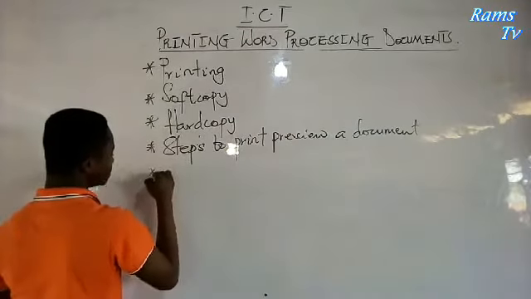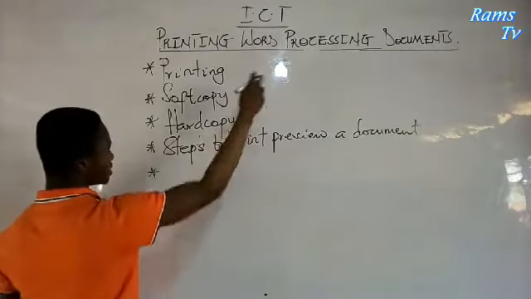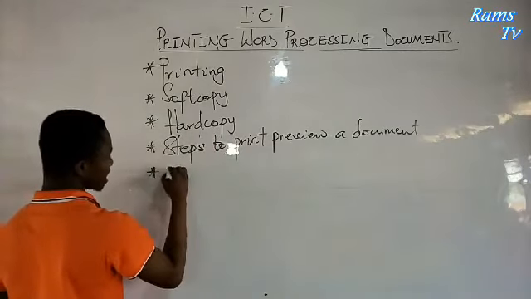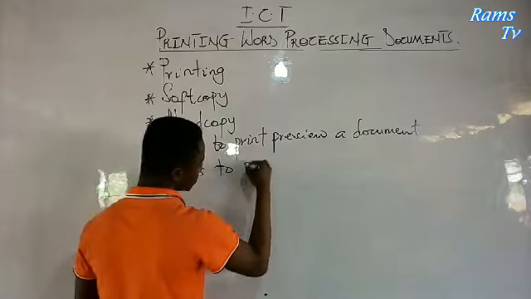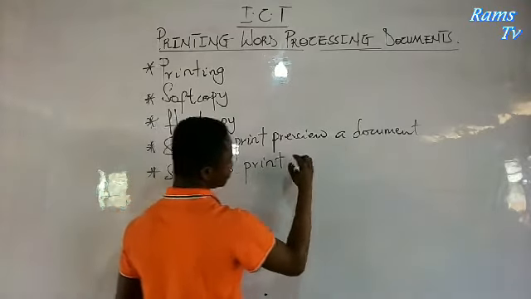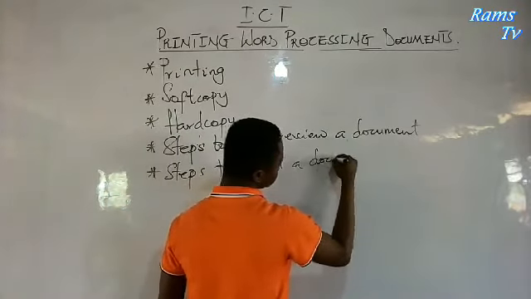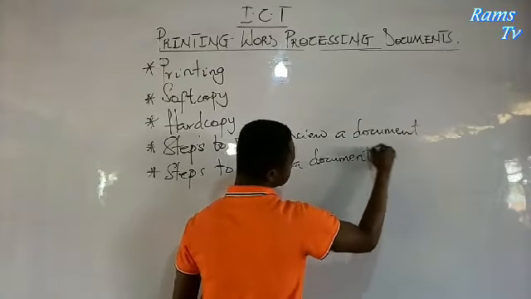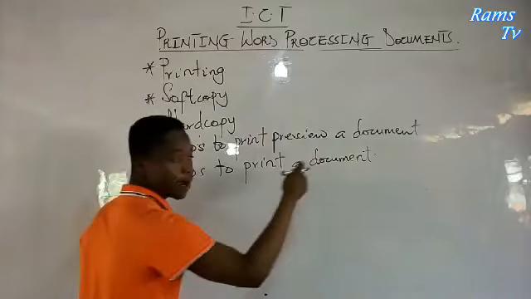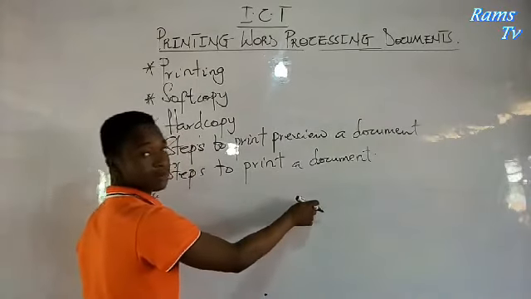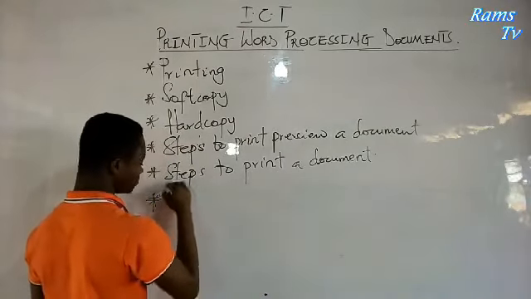And since we are treating printing word processing documents, we should also know the steps to print a document. And also, you should know the other printing option provided under word processing 2013, which is print preview.